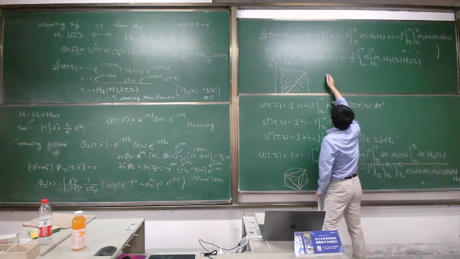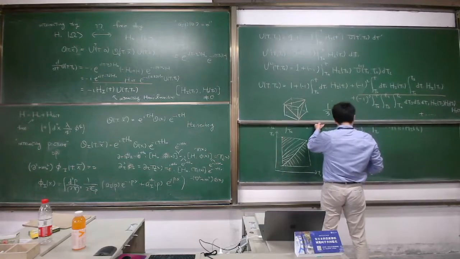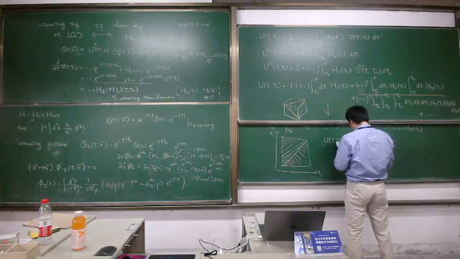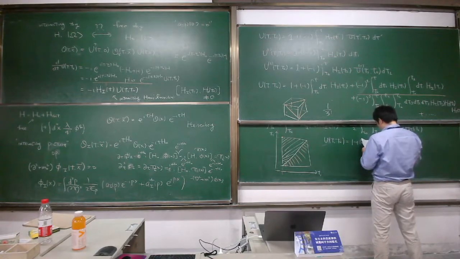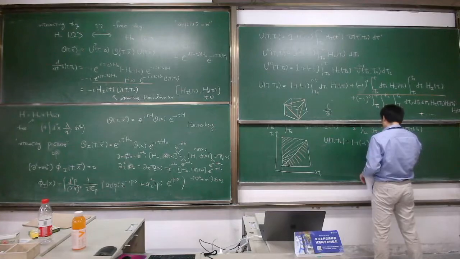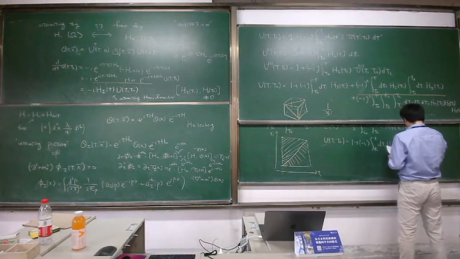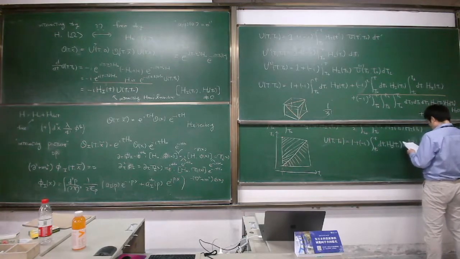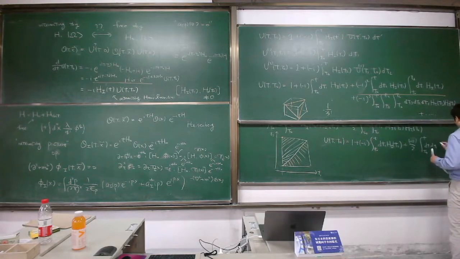The U operator is 1 plus minus i, integral from t0 to t of dt, H_I, plus half of minus i squared, integral of dt, time ordered.